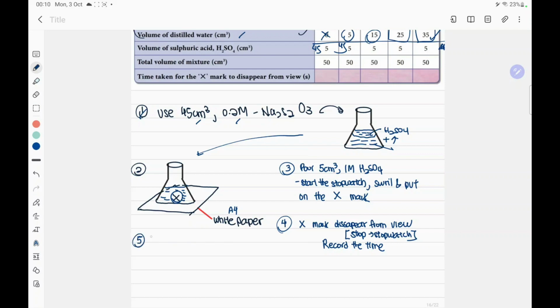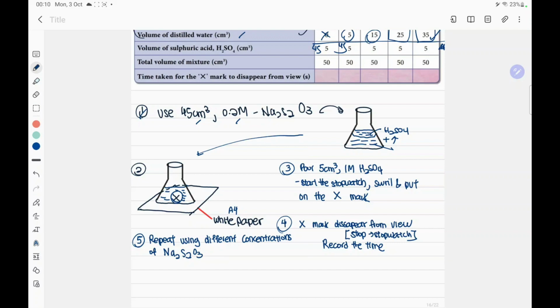And then we are going to repeat all the steps, okay, using different concentrations of sodium thiosulfate solutions by diluting.